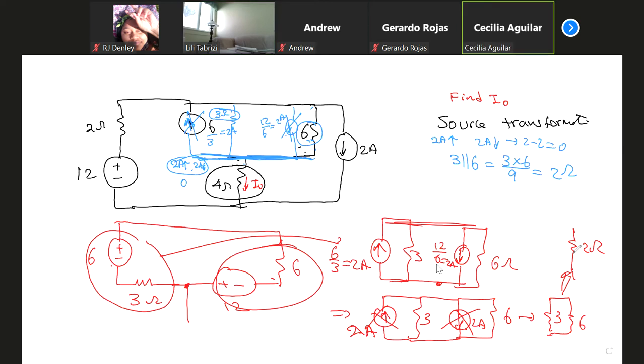I find this more simple than nodal and mesh, in my opinion. Are you going to tell us in the test when we use superposition and when we use the other methods? Yes. You have to know, because there are some techniques where, in the future in electrical, you have transformers, power circuits. In electronics, you have electronic circuits.